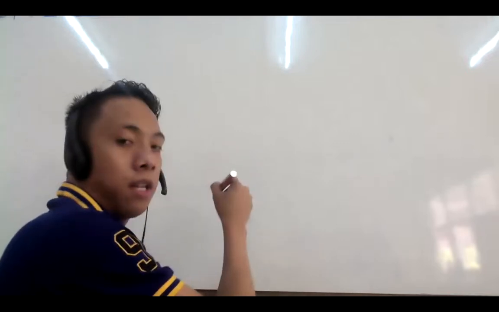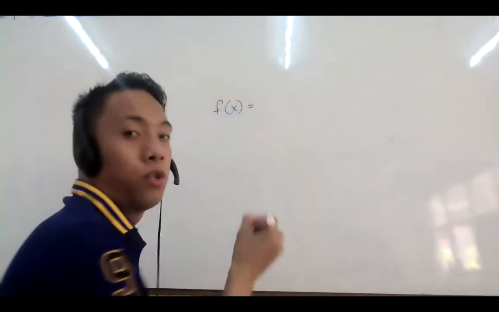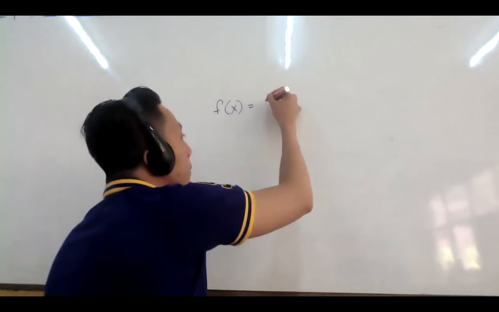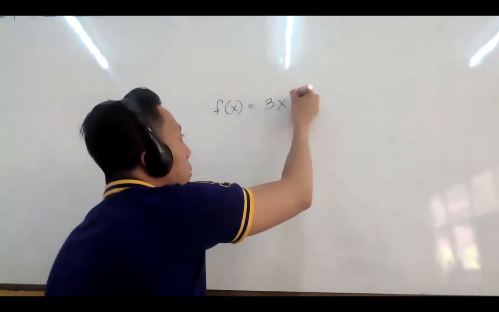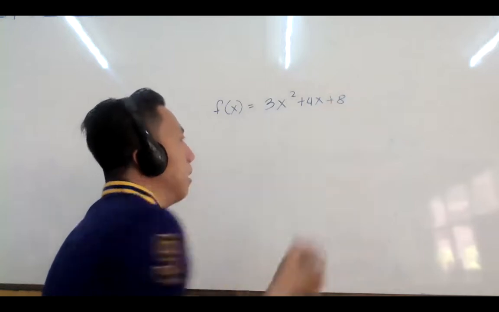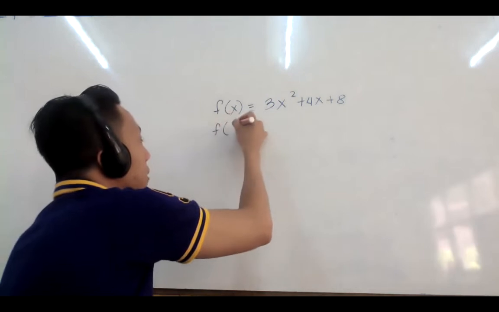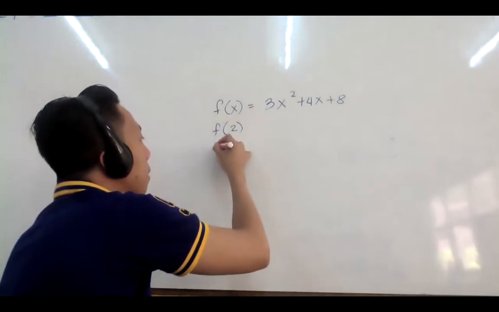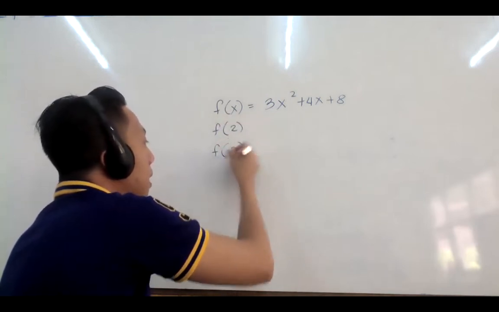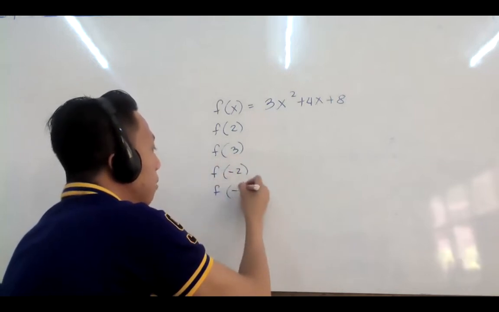Yung ating equation. So f of x is equal to 3x squared plus 4x plus 8. And for example, we need to find the function of 2, function of 3, function of negative 2, and the function of negative 3.